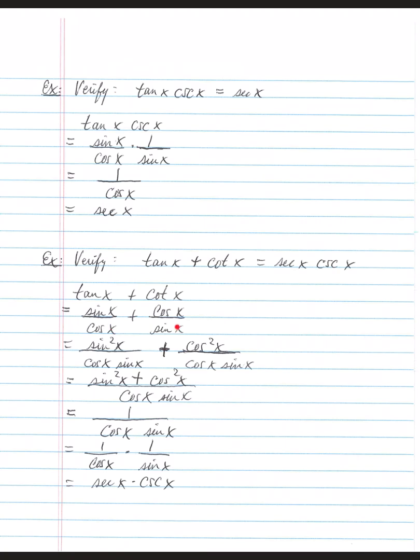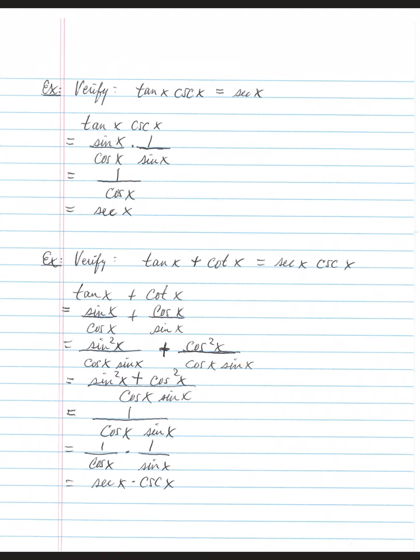The two denominators are not alike, so we force a common denominator by multiplying in a sine x top and bottom on the first fraction and a cosine x top and bottom on the second fraction. Multiplying top and bottom by sine x, you get sine squared x over cosine x sine x. Multiplying in a cosine x top and bottom, you get cosine squared x over cosine x sine x.